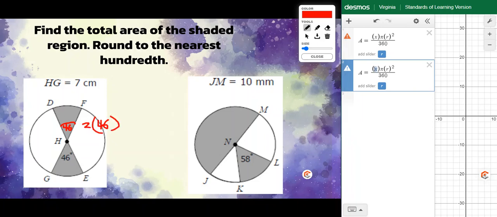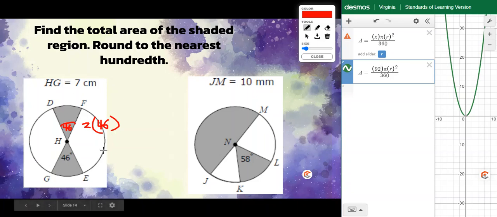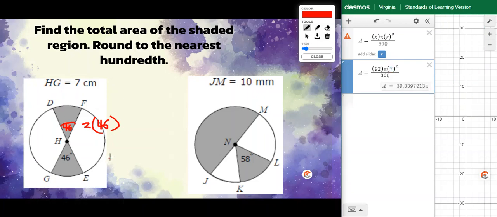Okay, so we end up with 92 total arc measure degrees, and a radius they gave us as HG is 7, so radius of 7, which means your area should be equal to 39.34 centimeters squared.